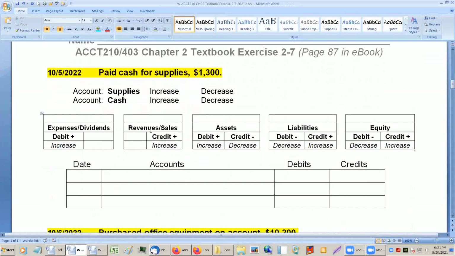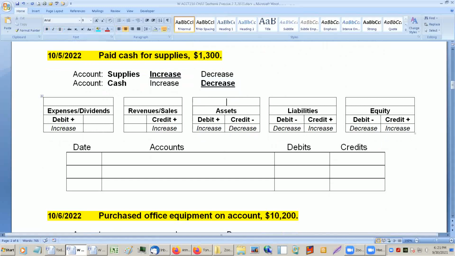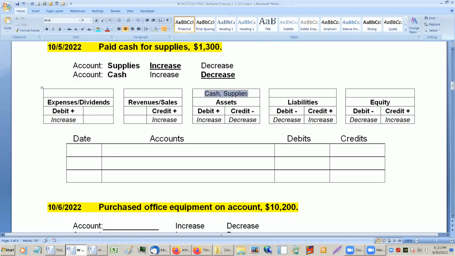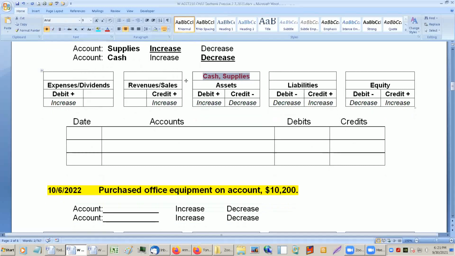Okay, are the supplies going up or down? Up. And how about the cash? Down. We have more supplies, we have less cash. Those are both assets. Okay, and so they're increasing with debits, increasing with credits.